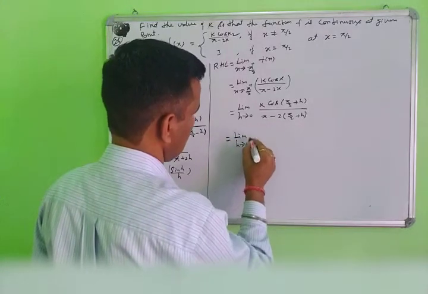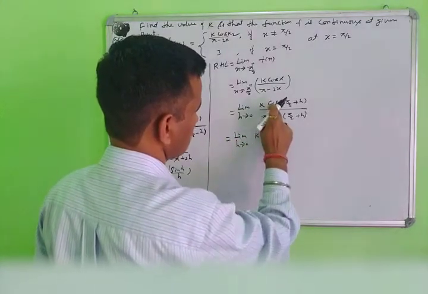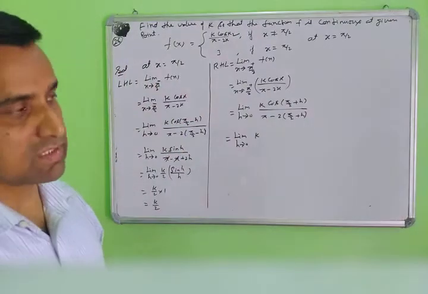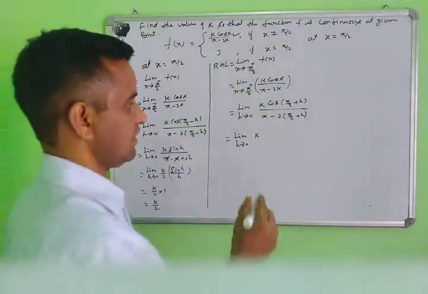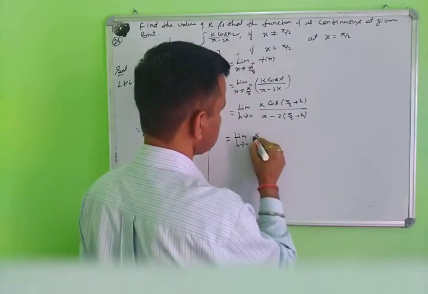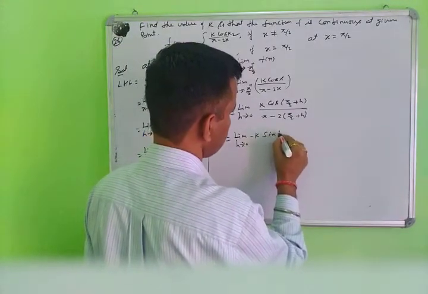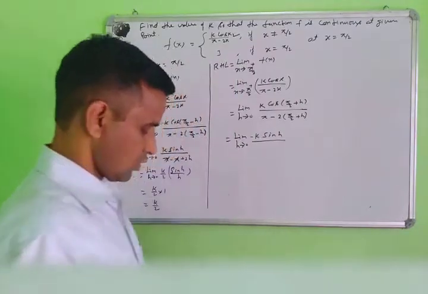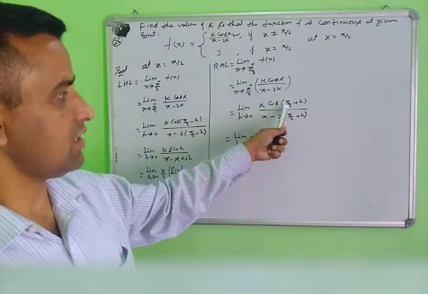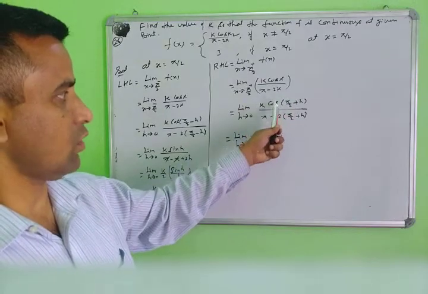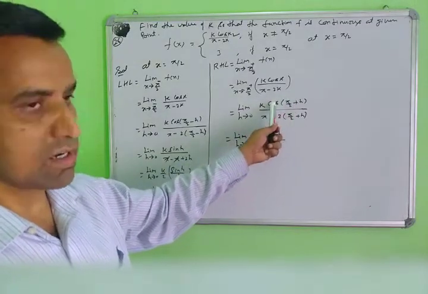Then limit h tends to 0, here k cos(90 plus theta) means second quadrant. In the second quadrant cos is negative, so this will come as minus sin theta. Cos 90 is first quadrant and plus theta means second quadrant, so cos is negative.